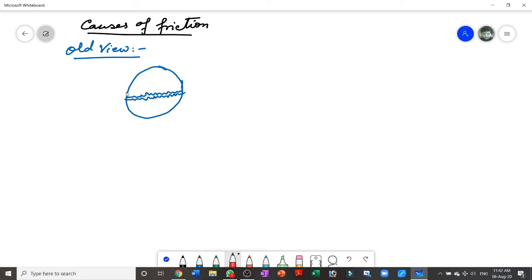Let us consider two surfaces in contact. This is surface number 1 and this is surface number 2.